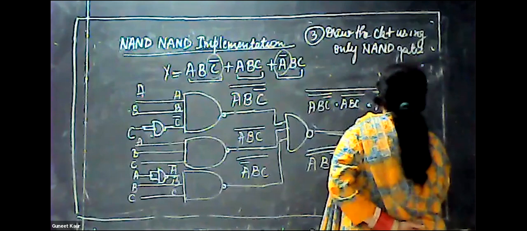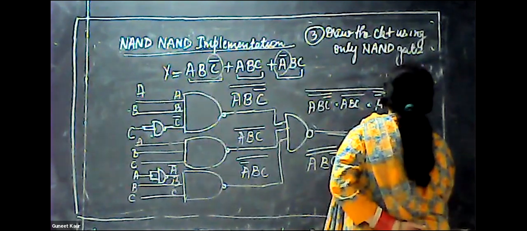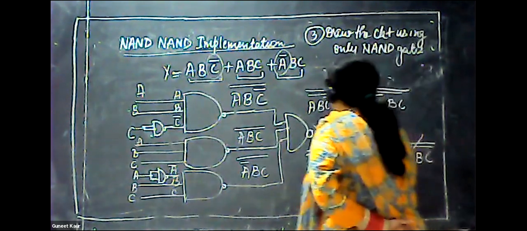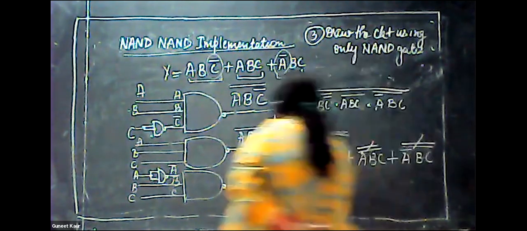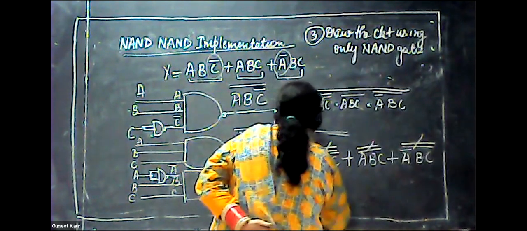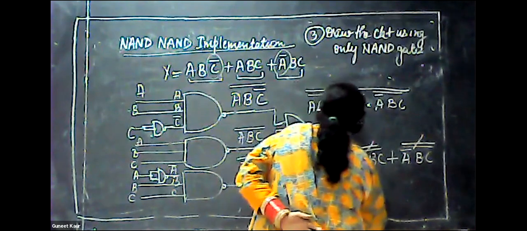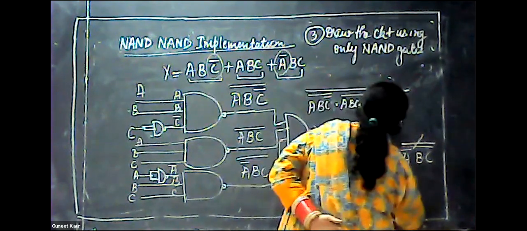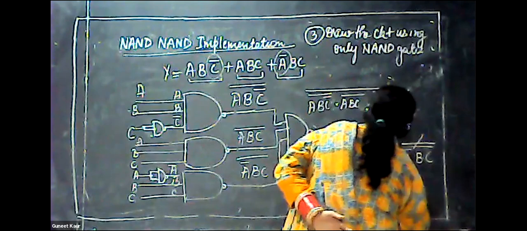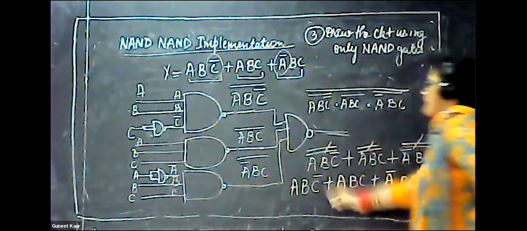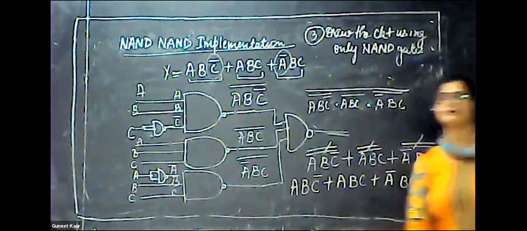So double bar will cancel. So you will get ABC bar plus ABC plus A bar BC. So you get the same expression with the NAND realization.